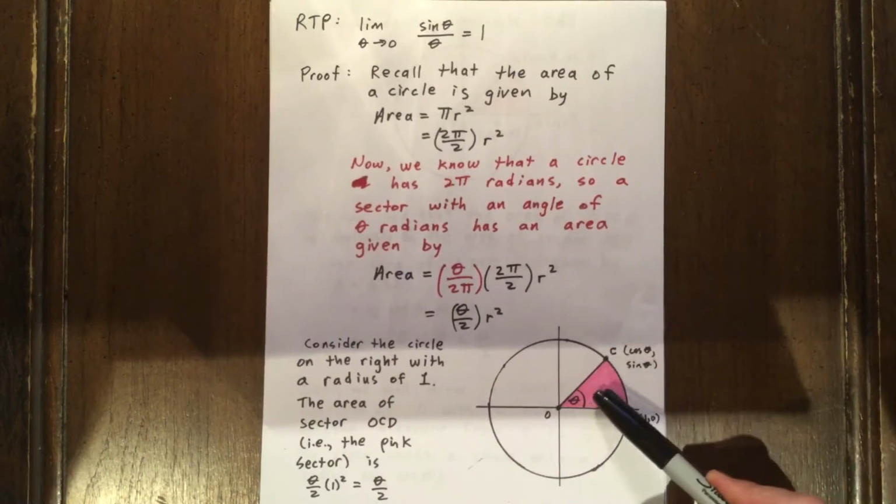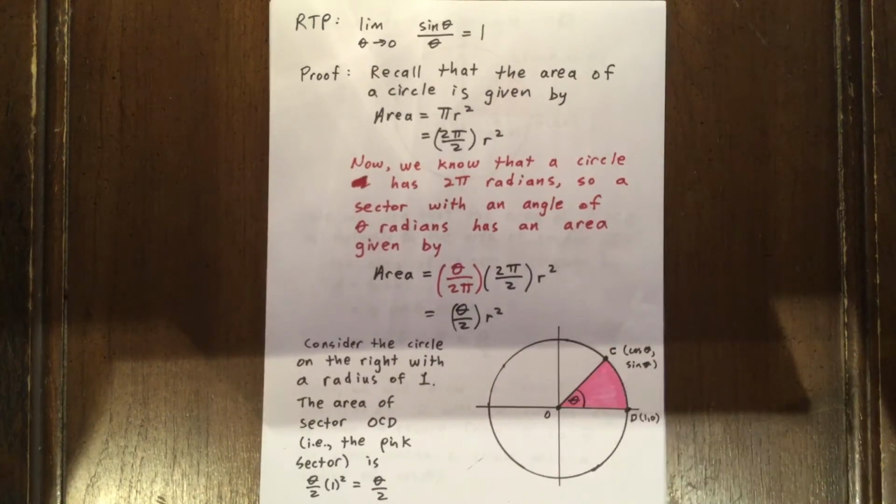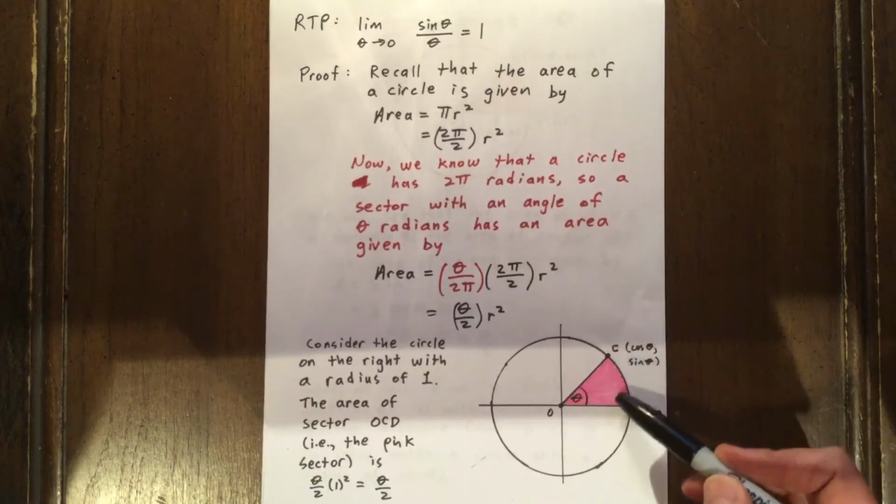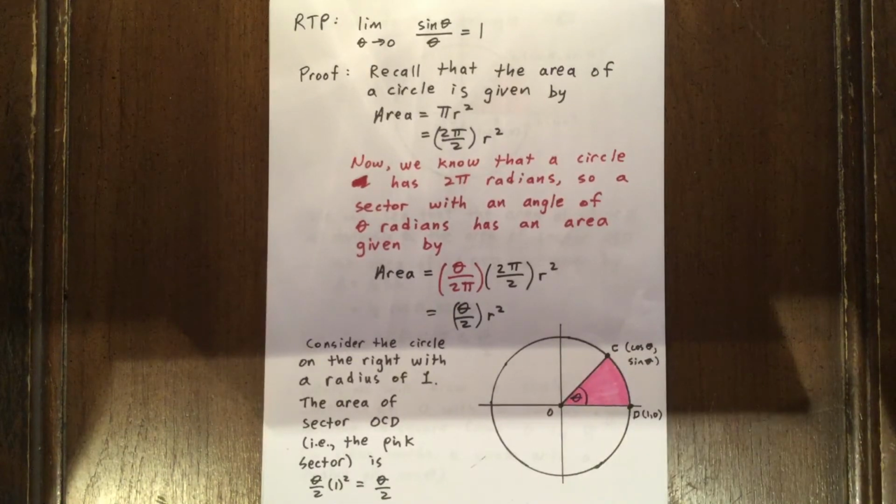So the area of this pink sector is theta over 2 of r squared. Now we're going to consider that the circle has a radius of 1, in other words, a unit circle. So the area of the sector OCD is theta over 2 times 1 squared, or in other words, theta over 2.